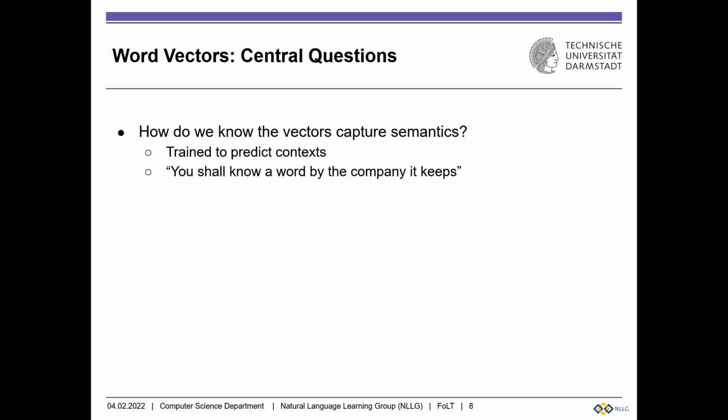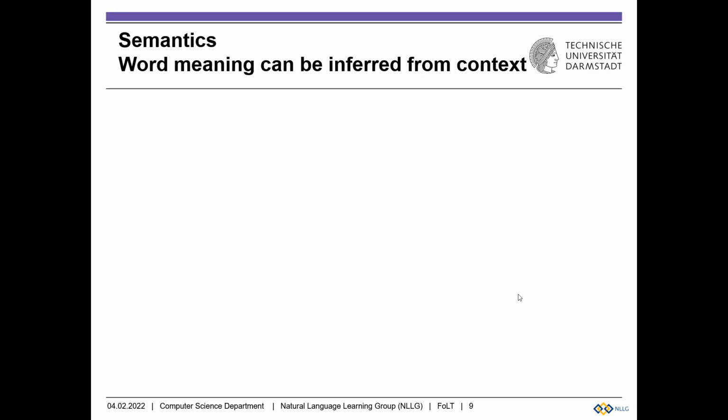And this means if you know the surroundings of a word, if you know the context of a word, you also know its meaning and you also know its semantics. And because those vectors, or those models that output vectors, are predicting context and are modeling context, then intuitively the resulting vectors should also represent semantics.